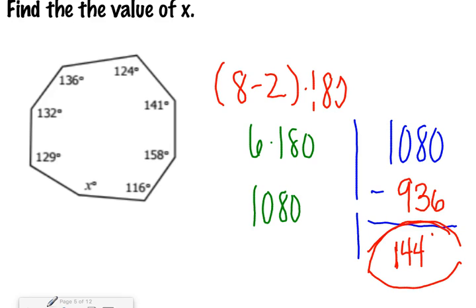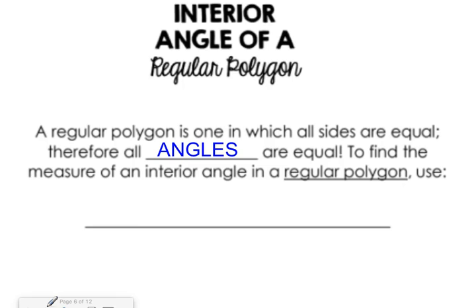Okay, so now we're going to introduce a regular polygon. Who remembers what a regular polygon is? What do you know about the sides and angles? All sides are equal, which makes all your angles equal.